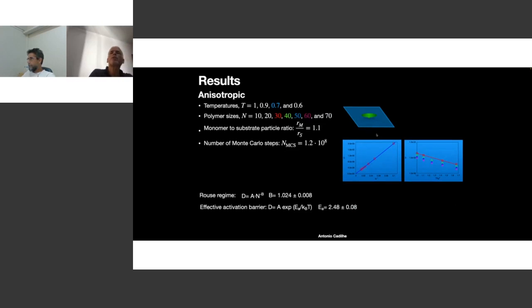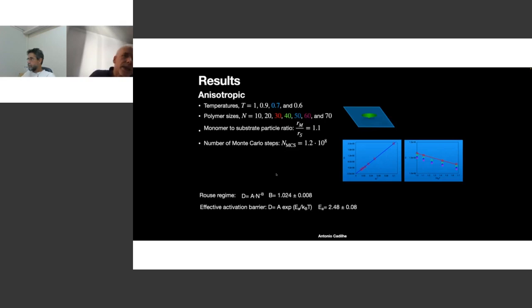And now I'm going to move to the anisotropic case. In the anisotropic case it was also interesting to see, and the same happens for the isotropic case, that the diffusion coefficient as 1/n basically follows Rouse's regime or Langevin dynamics with very good precision.